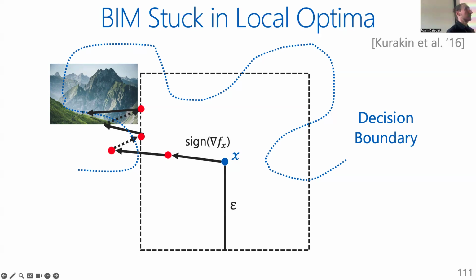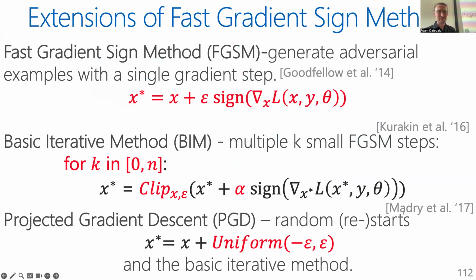Random stuff. Very good. So exactly, this can be avoided by adding a random start or even random restart, right? And this is actually what was also done in PGD, the projected gradient descent method. So we have this very useful starting point.